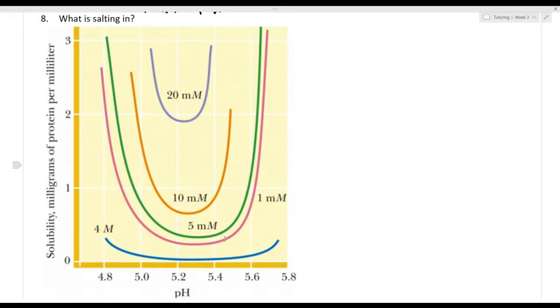So it's kind of breaking apart the protein blob into individual protein pieces. As you increase your concentration, that increases the effect. However, when you have too much salt, and that's what we see down here with the 4 molar, you're decreasing your solubility a lot, and that's called salting out.